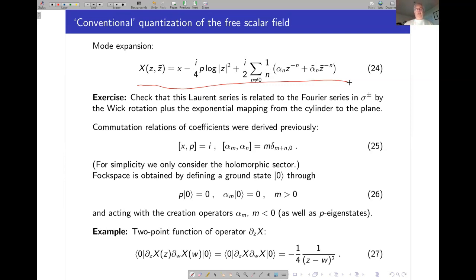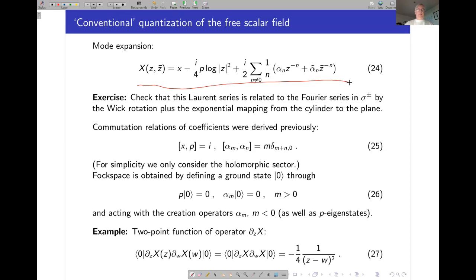And then we have an infinite series of positive and negative powers of z and z bar with coefficients alpha n tilde. So this is, if we ignore up to the logarithmic term, a Laurent series, or to be more precise, a formal Laurent series, because we admit arbitrarily negative powers here. Good.